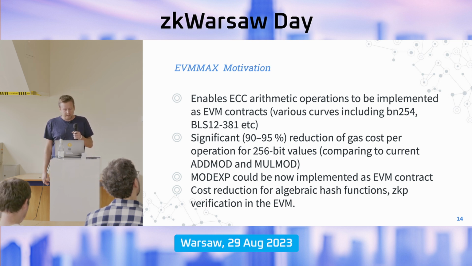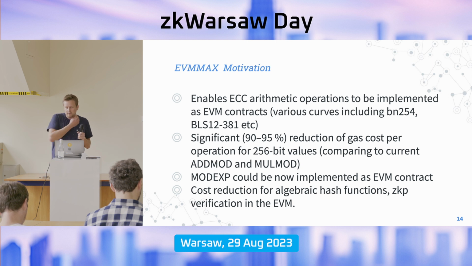For example, we want to have a small optimization that first comes to mind: we won't have to push the modulus value on the stack every time we want to compute, for example, addmod or mulmod, as it is now in the EVM. For most of the ECC algorithms, the modulus value is basically constant during the computation of the algorithm. It doesn't change so often.